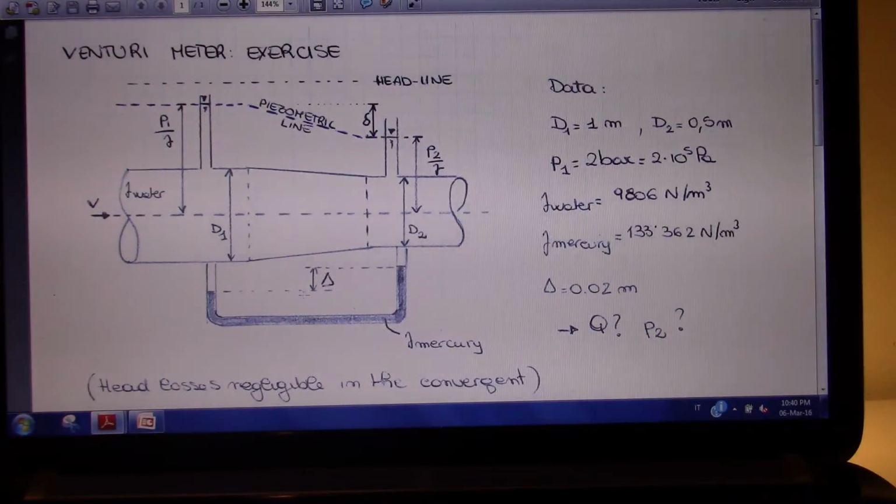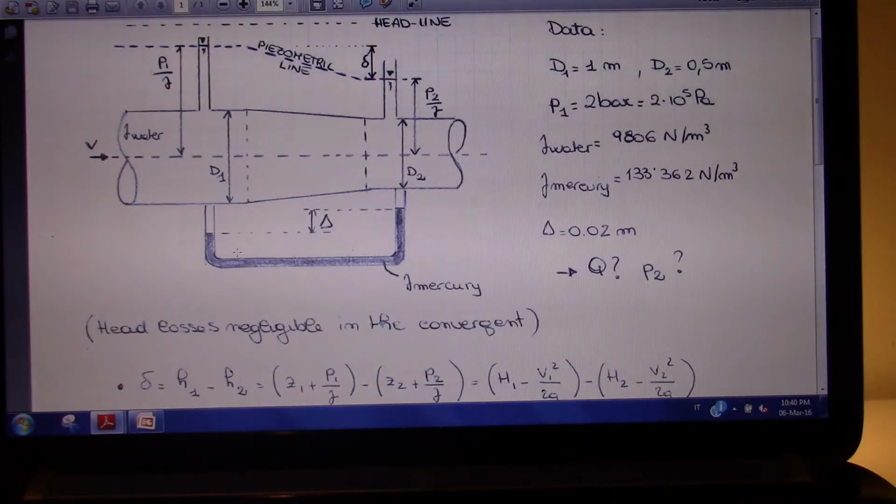Then you also know the reading of your differential manometer, and what you want to define is, first, how much is the volumetric discharge inside your pipe. Second point, how much is the pressure in section number 2. Again, we assume that the head losses are negligible in the convergent.